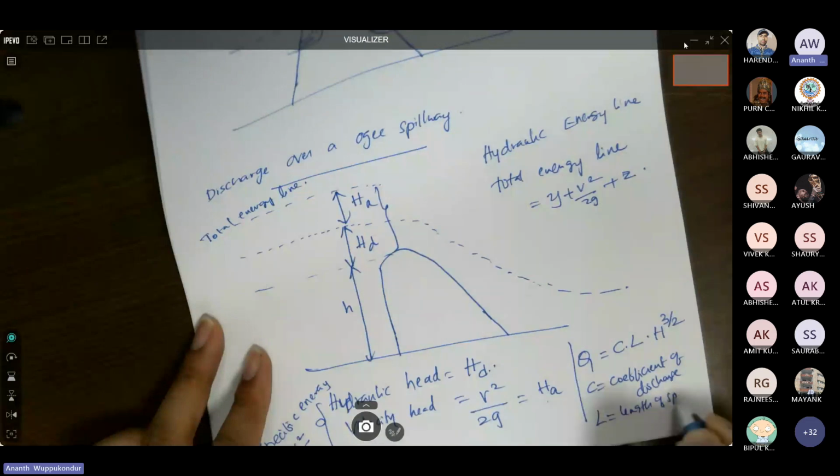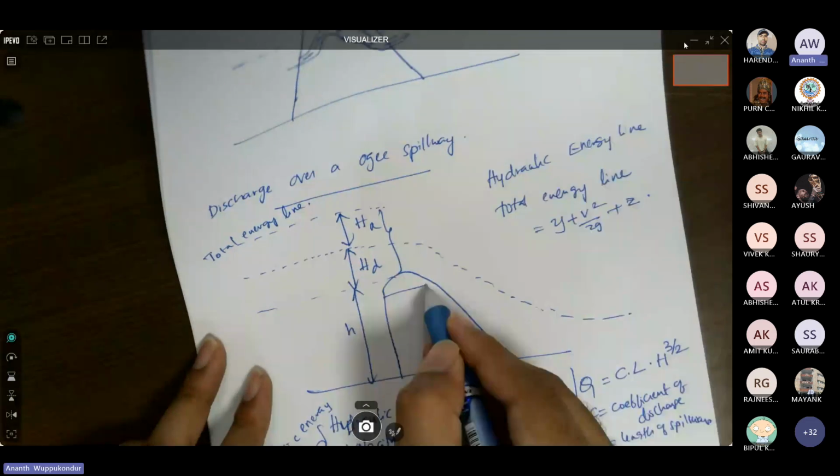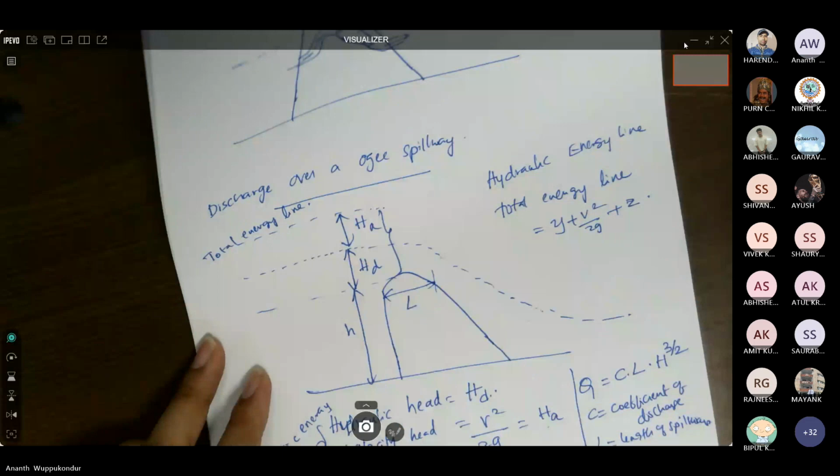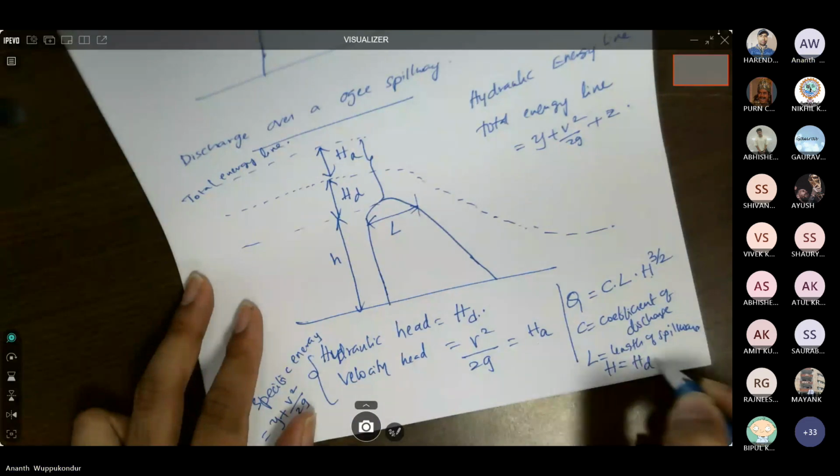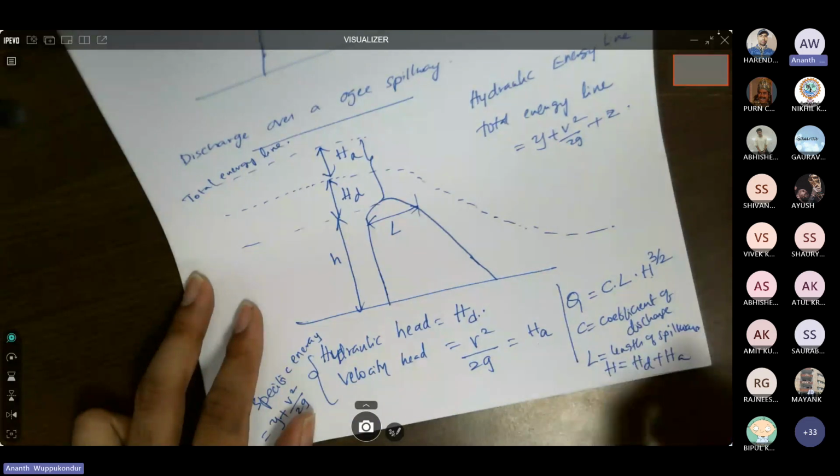So let's say this is an effective length of spillway crest, then L would be the length. And H equals to HD plus HA. So it is the sum of hydraulic head and the velocity head.